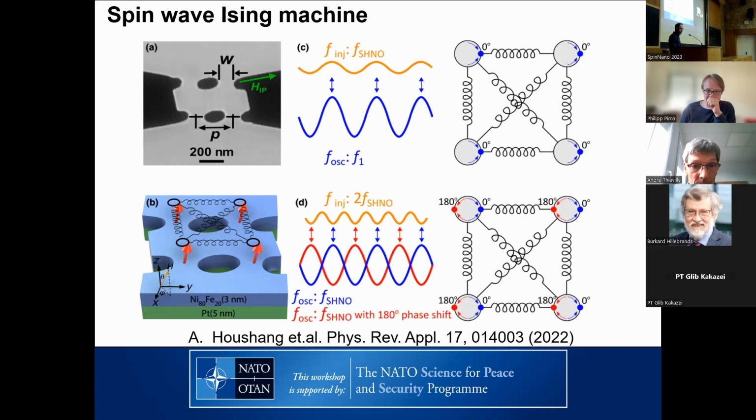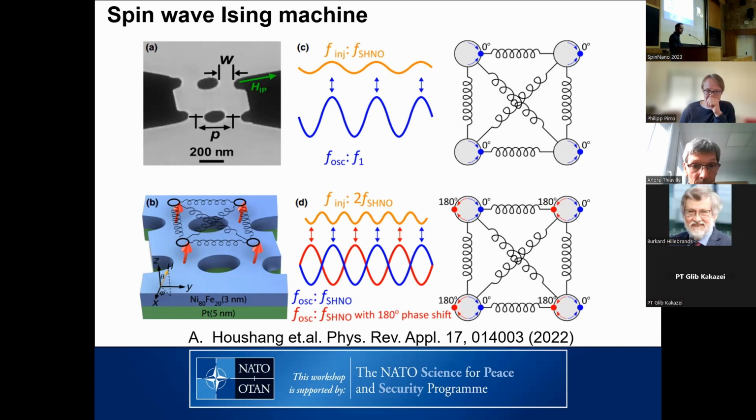As you can see, they created four nano oscillators, and from oscillation theory, it's quite a known fact, and you already heard today, that if we apply an external force, then this system will be synchronized on the frequency of this external force.